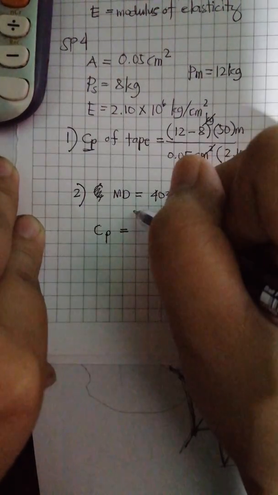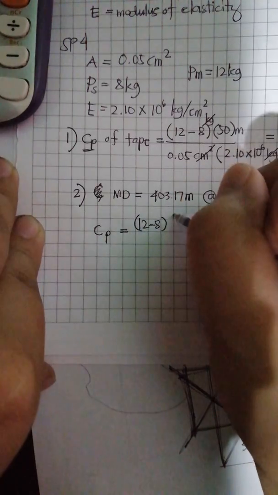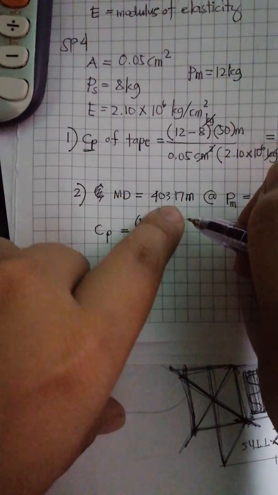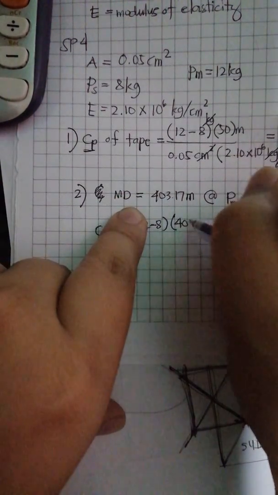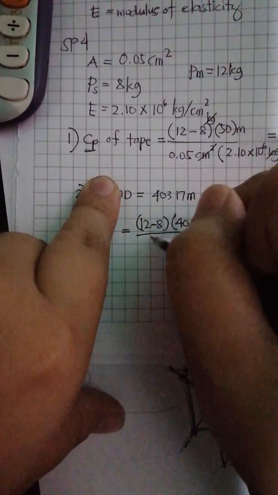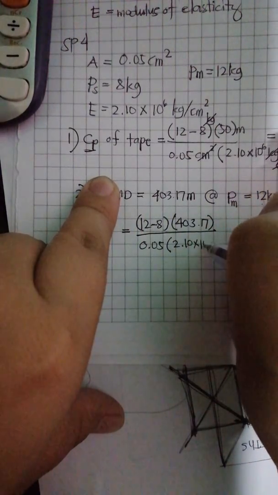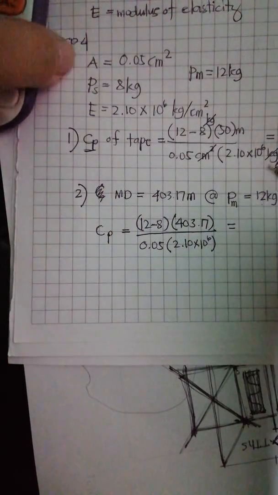So, to correct that, same pa rin, 12 minus 8. Pero since we're trying to correct the measured distance, so, that's the one that we will write here for the length, and then area times elasticity.